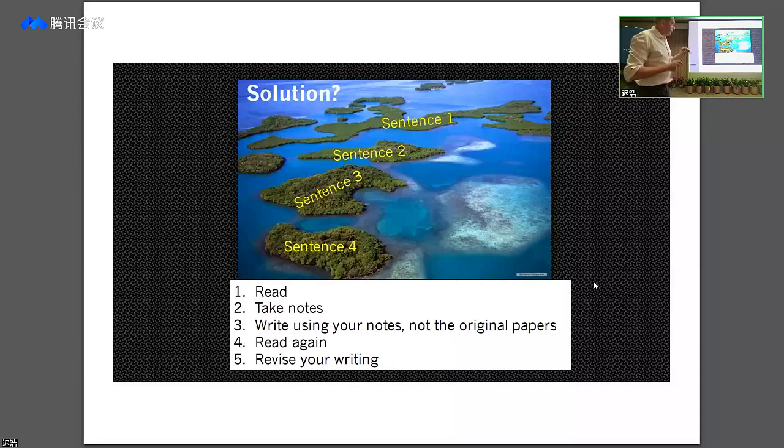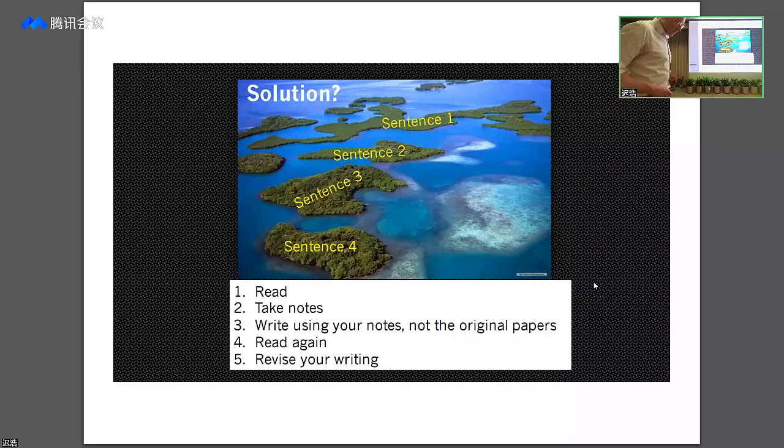I would like you to write using your notes, and your notes ideally are not the original complete sentences from the original paper. I want you to summarize the content that you have read from paper 1 into your notes 1, and paper 2 into your notes 2. So you only write notes about the important things. And then on the basis of these notes, you do your own writing.